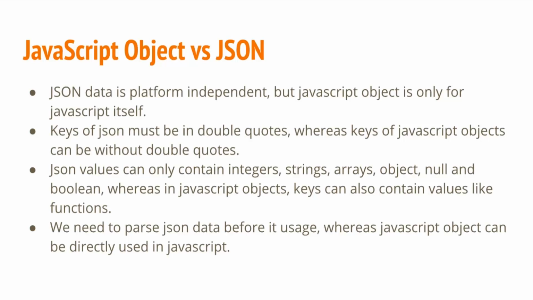JSON values can only contain integers, strings, arrays, objects, null, and boolean, whereas JavaScript object keys can also contain functions. We need to parse JSON data before use, because we can use JSON in many other languages, but JavaScript objects we can only use in JavaScript. We don't need to parse a JavaScript object.